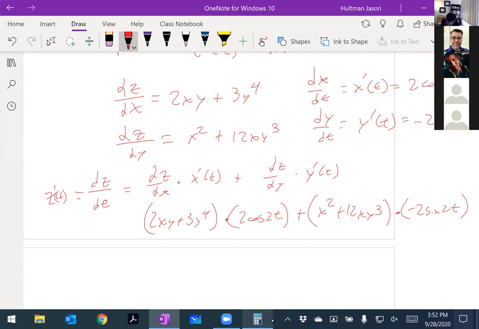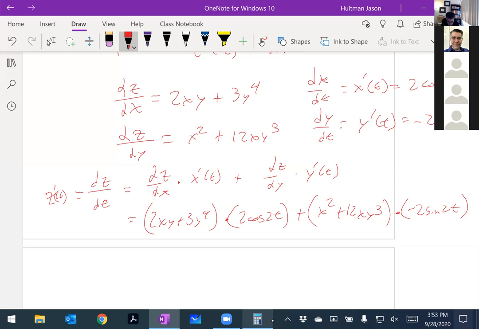So here's the deal, though. This is an x of t. We could multiply this all out if we really wanted to. We could plug in the x's and y's here and deal with it that way.